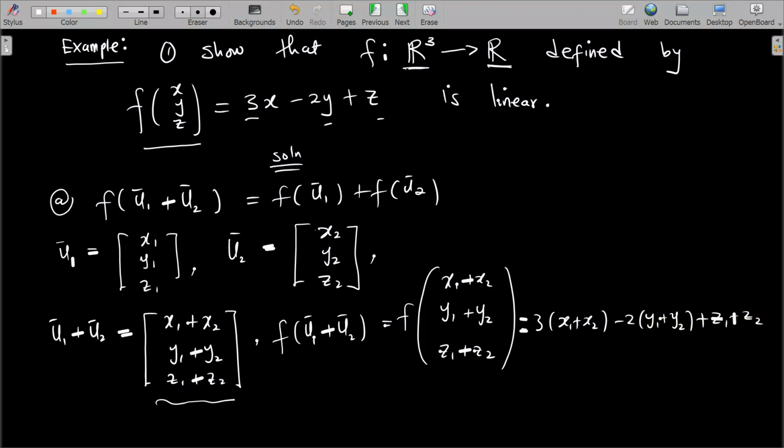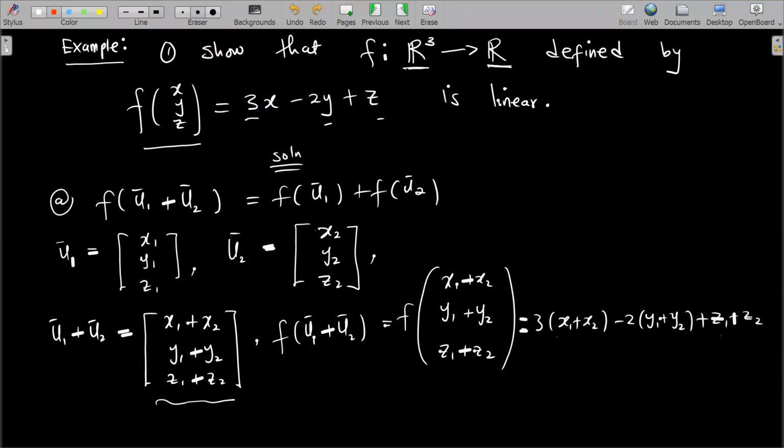Okay, that's the z component. So this is the z component, this is the y component, and this is the x component. If you look at a three-dimensional thing, the first one corresponds to the x, the second corresponds to the y, and then the third. So this is what we have for f of u1 plus u2. So when you sum them first and you solve, this is what you have, right? So you can keep this somewhere, and then we'll come back to it later.